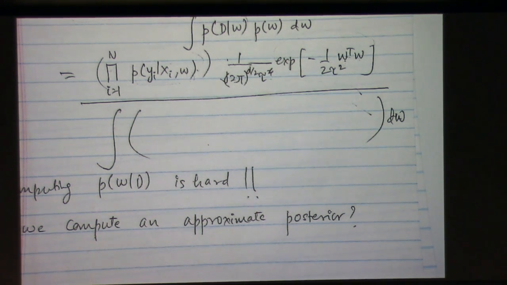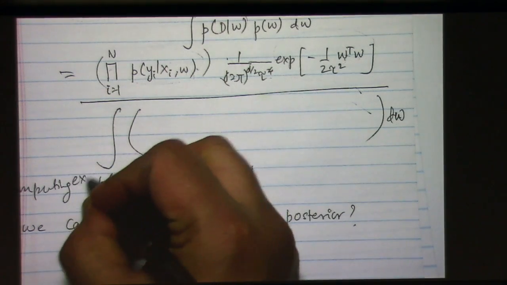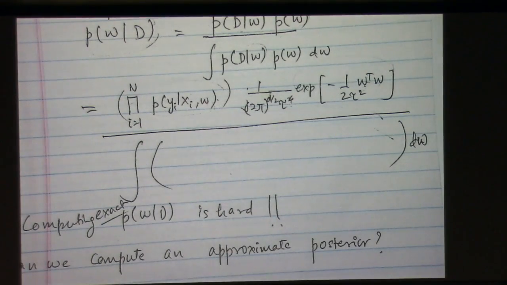Maybe generations down the line we might be able to do that, but right now we can't. Which means computing the exact P of W given D is hard. Can we compute an approximate posterior? That is actually a whole line in machine learning. If you are interested in research in machine learning, this is something that you will do over and over again.